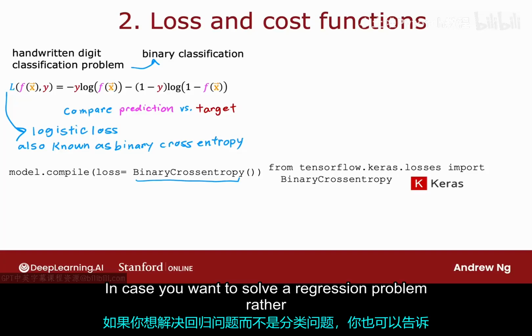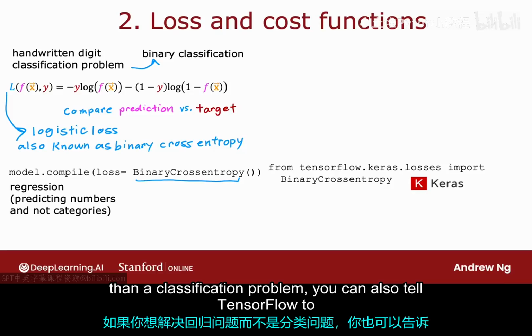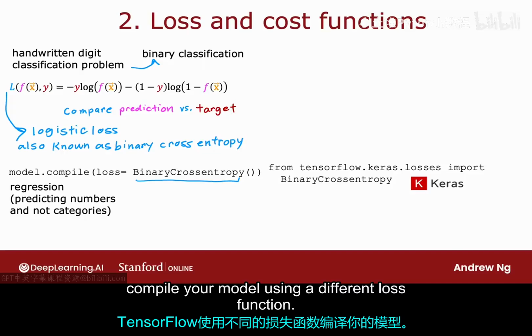In case you want to solve a regression problem rather than a classification problem, you can also tell TensorFlow to compile your model using a different loss function.